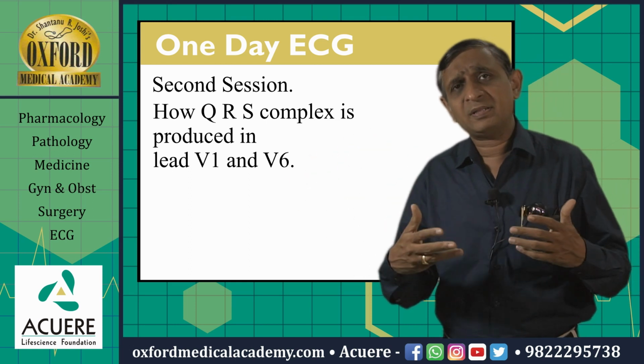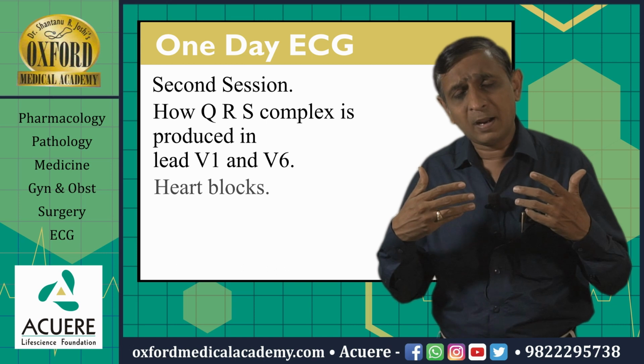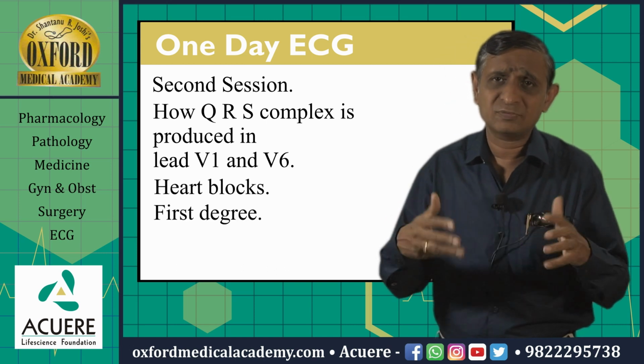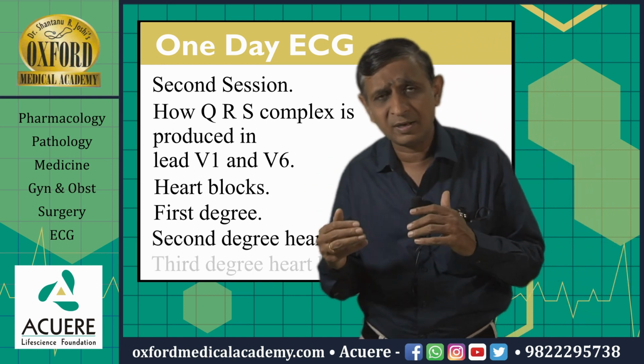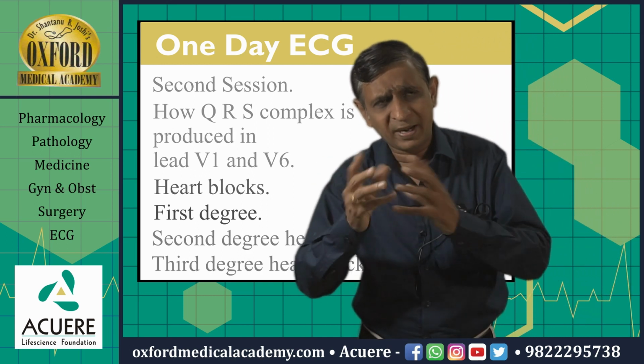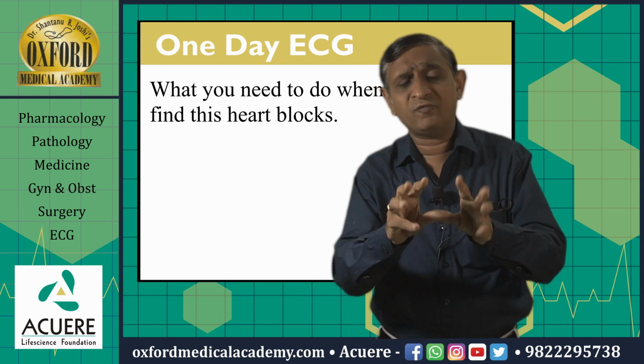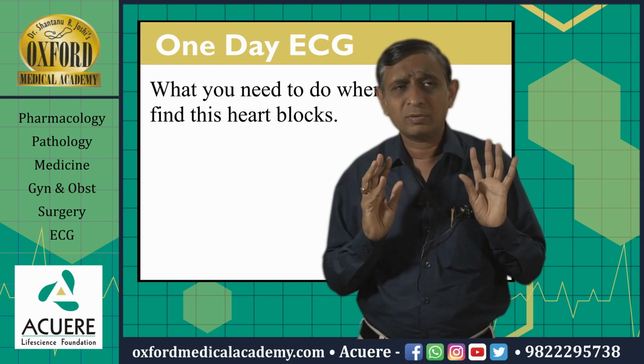Secondly, we cover the heart blocks. In heart block, we cover first degree, the different types of second degree heart block, and third degree heart block. And I give you some idea regarding what you need to do when you find this heart block.